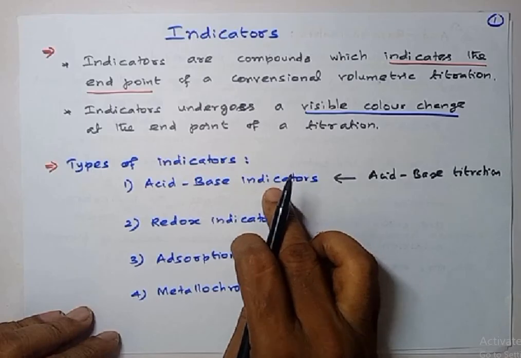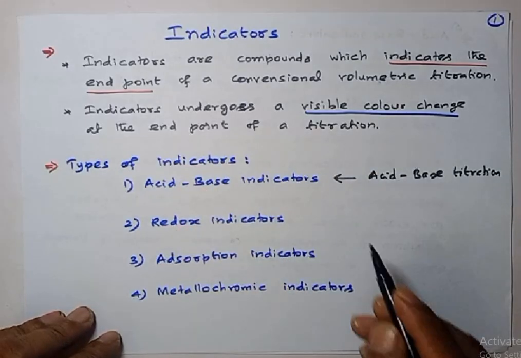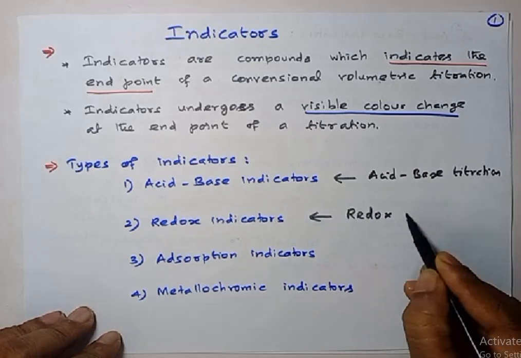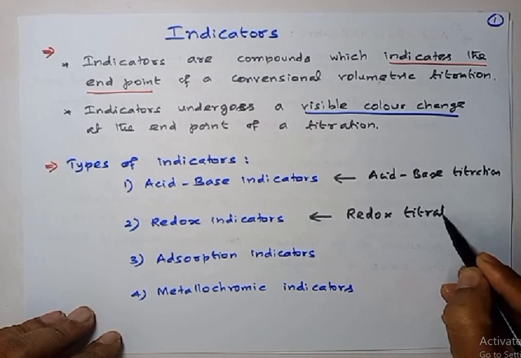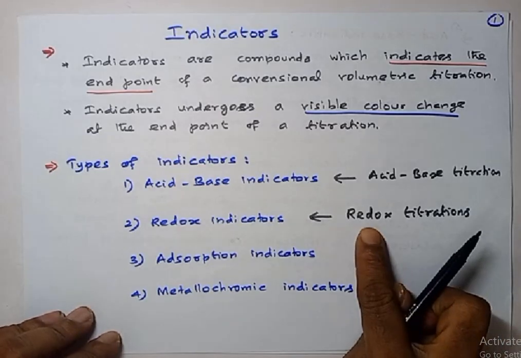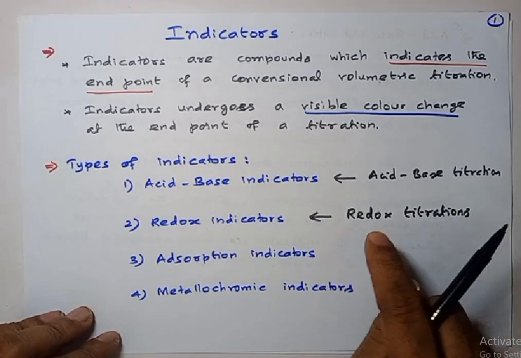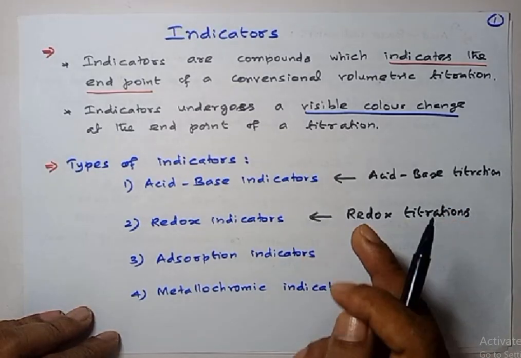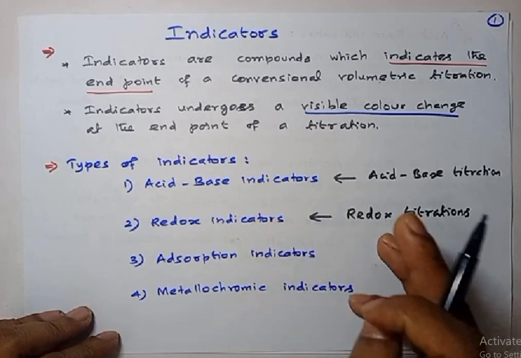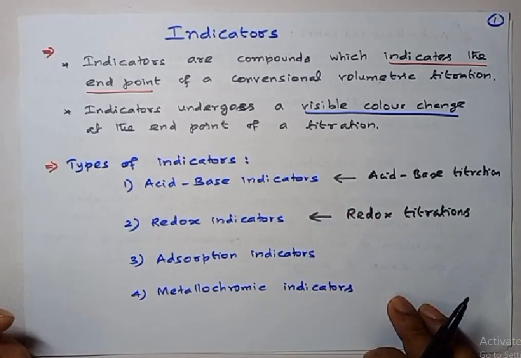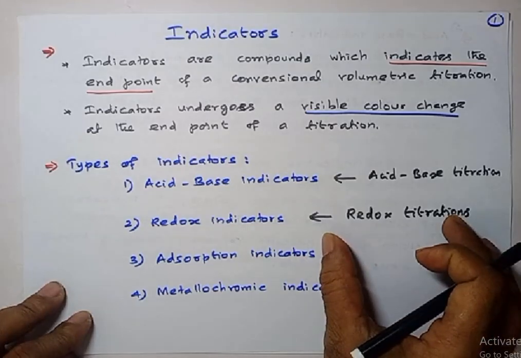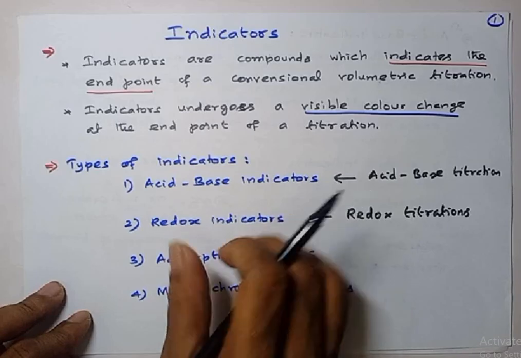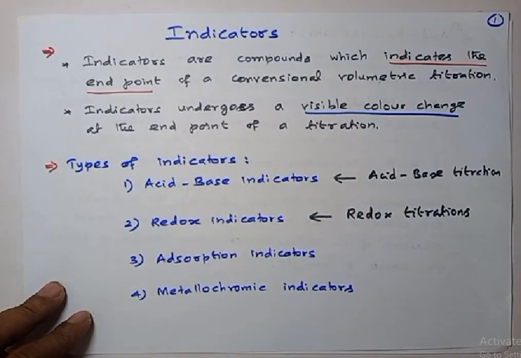The indicators used in acid-base titration are called acid-base indicators. Then we have redox titrations, where one reactant is an oxidizing agent and the other reactant is a reducing agent. We take any one as analyte and the other as titrant. Those titrations are called redox titrations. The indicators used in redox titration are called redox indicators.